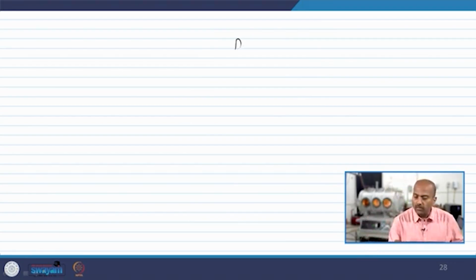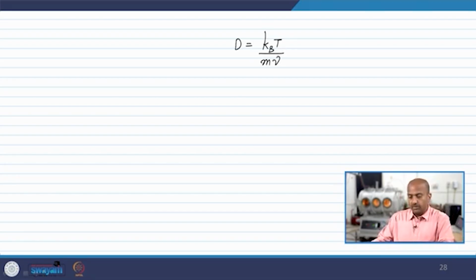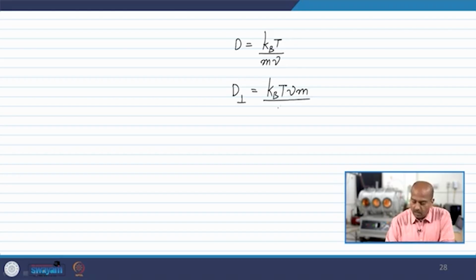One, the diffusion coefficient that we know since the beginning is kBT by m nu, where nu is the collisional frequency, right. And D perpendicular in the presence of magnetic field is written as kBT nu m divided by q square B square.